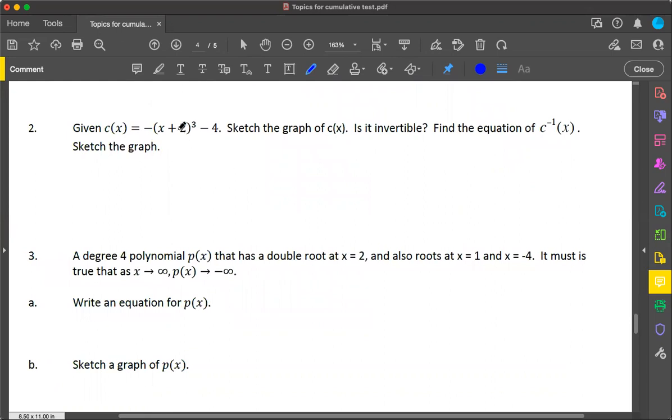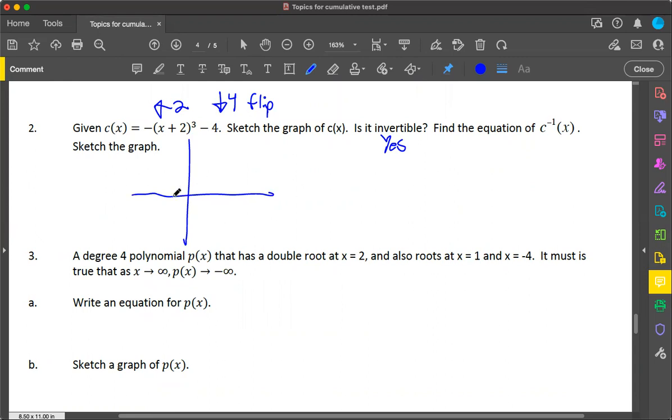You have this function, and you're getting the inverse. Is it invertible? Yes, because it's cubic. And I'll just do a quick sketch of this. You should look at this and say you're going left 2, going down 4 units, and then flipping. So that's a super quick sketch of this.